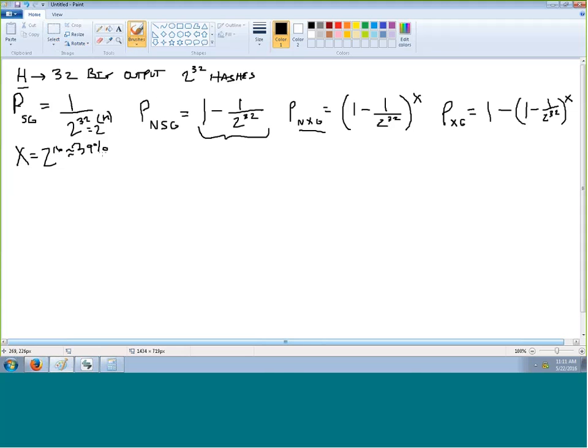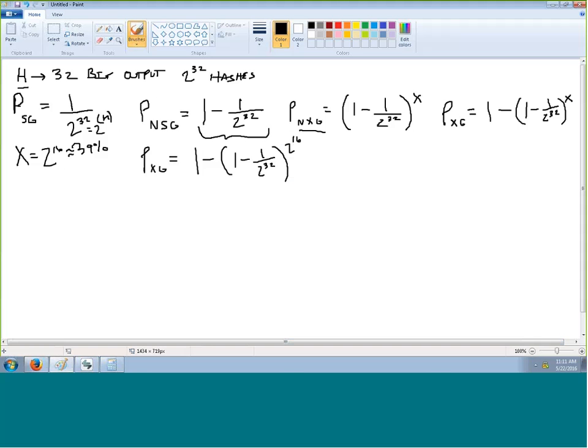So here, for weak collisions, we can say the probability of generating a collision after 2 to the 16th random hash attempts is 1 minus 1 over 2 to the 32nd, since that's our possible hash output size, to the 2 to the 16th, since x is going to be our number of tries.